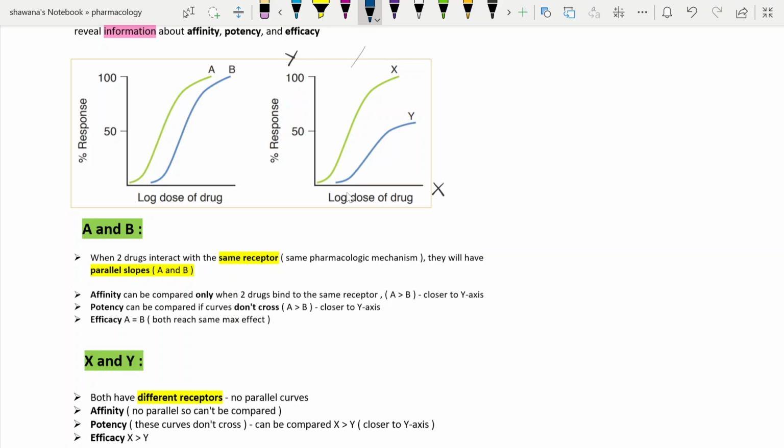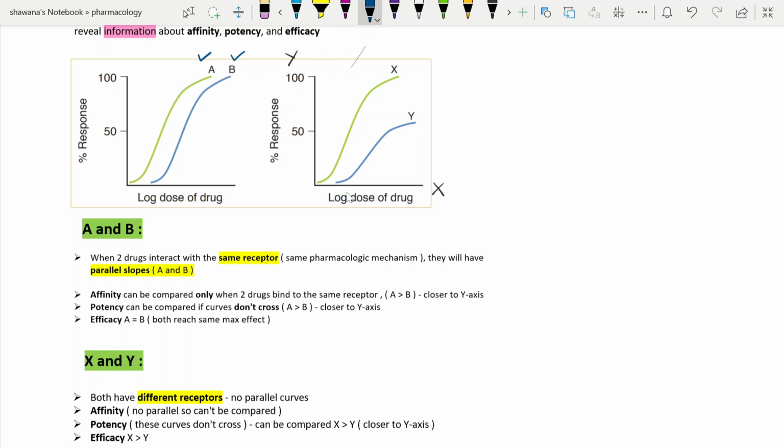It means they have identical curves, A and B. The rule for affinity was that affinity can be compared if the slopes or the curves are parallel. So in this regard, can we compare those affinities? Yes, we can compare the affinity of A and B.